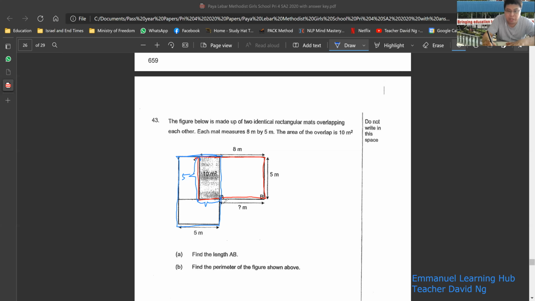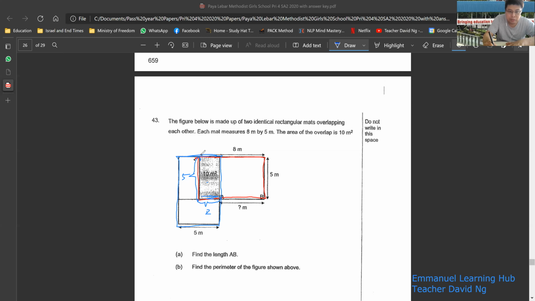The area here is 10 meters square. Here is 5. Here will be... not 5. 2. How do you get 10? Yes, it's 2. 5 times 2 is 10. That's how you get 2.